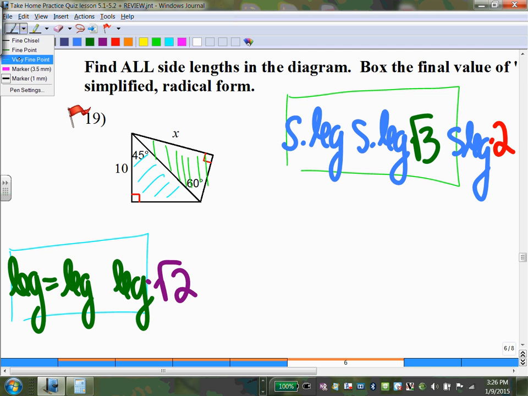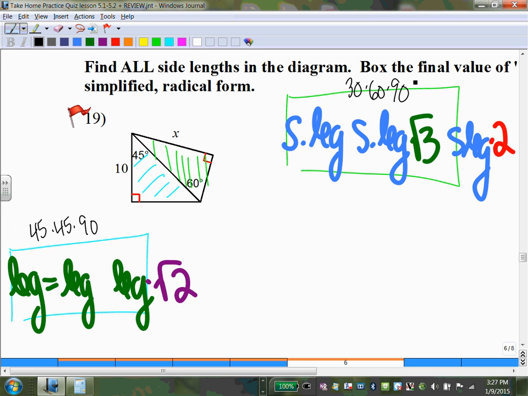This is the 45, 45, 90 and 30, 60, 90. You must memorize these. Let me do the chants we did in class.